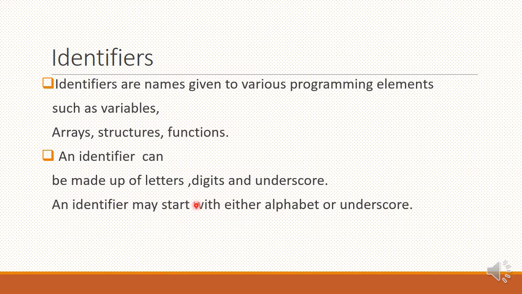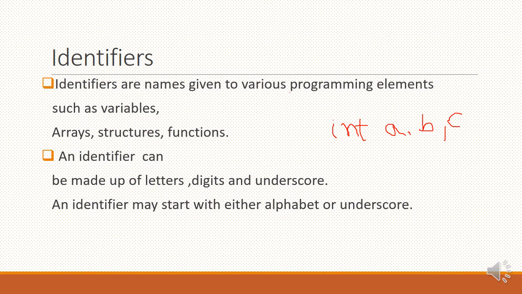An identifier may start with either an alphabet or an underscore. Just remember, I explained the program while writing the structure of a C program, where I took int a, b, c. Here, identifier is the name given to various programming elements.